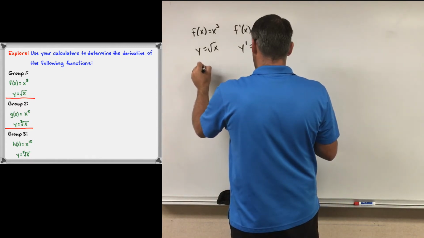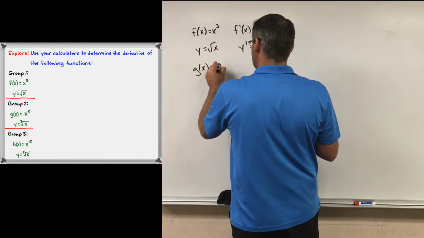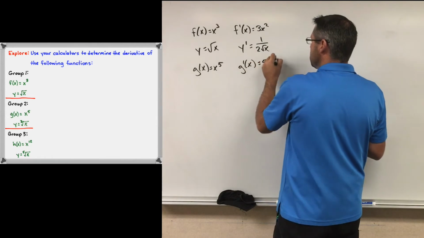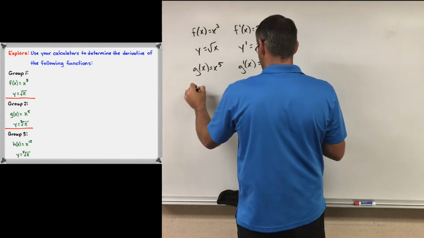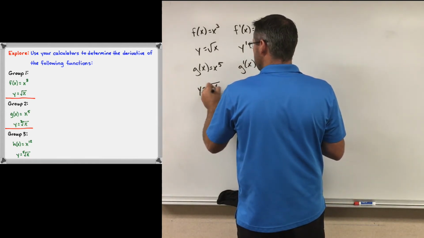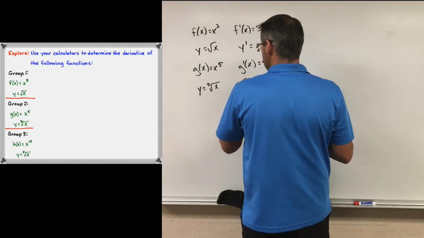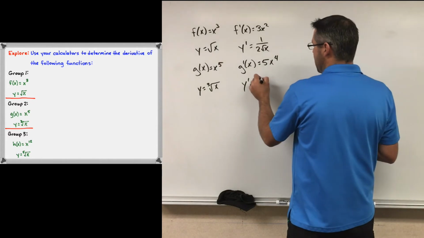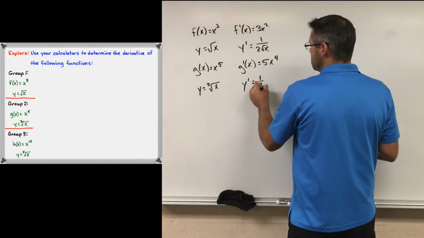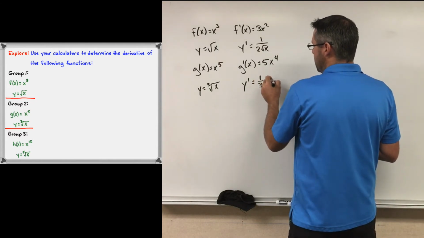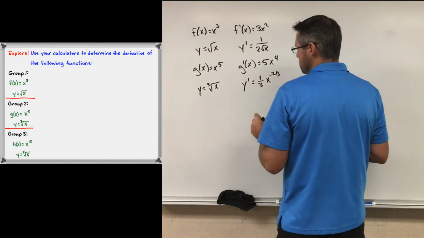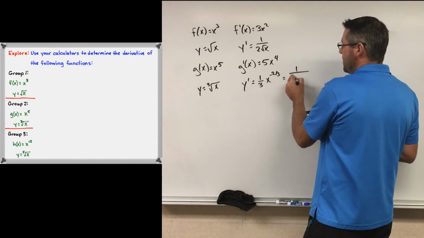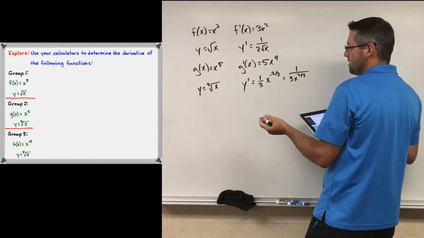For group 2, g of x equals x to the 5th. So g prime of x should equal 5x to the 4th. And then y equals the cube root of x. Now, what you get in your calculator might be a little bit different than what I write down, but you should have gotten something that's equivalent to 1/3 x to the negative 2/3. Maybe it was written as 1 over 3x to the 2/3, maybe something like that.